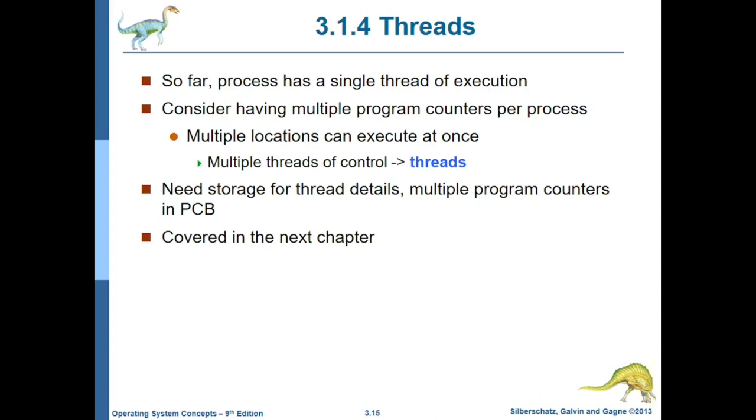To support threads, we need to modify the process control block, or PCB, which is a data structure that stores information about a process. The PCB contains information such as the process ID, the state of the process, the memory allocated to the process, and the program counter of the process. If we have multiple threads per process, we need to store multiple program counters in the PCB, one for each thread.